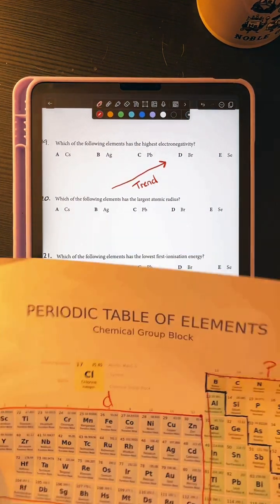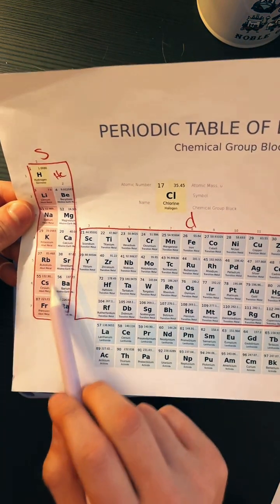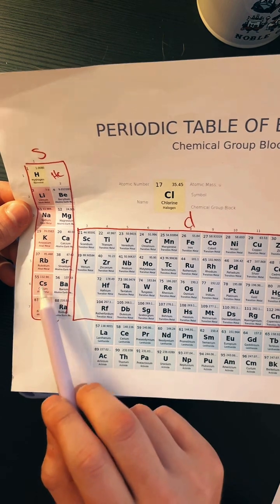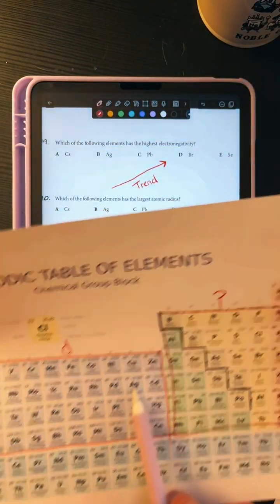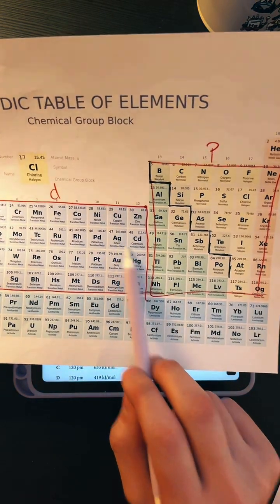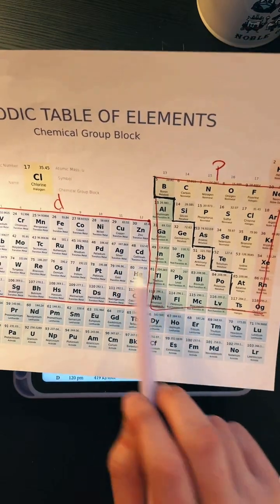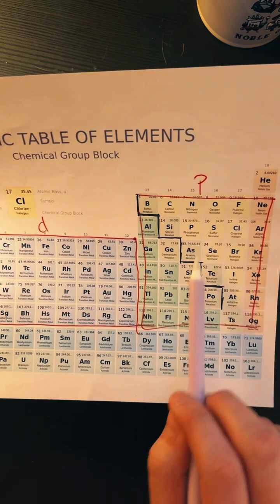So if we look here, we have cesium, silver, and lead. So we have cesium down here. That's very not electronegative. You have cesium, silver, and lead. So silver's here, and then lead is down here. So these could be our answer. Then we have bromine and selenium. So selenium is up here.